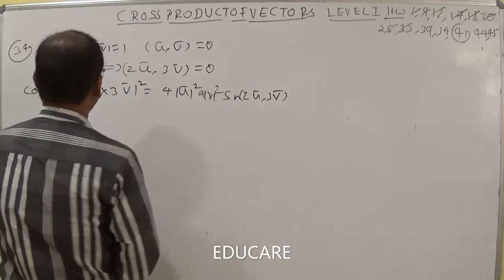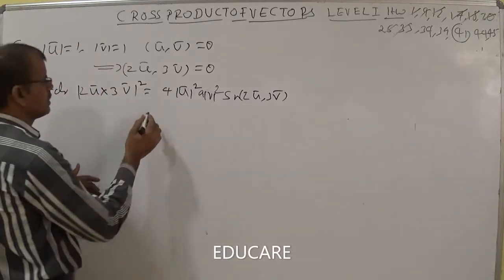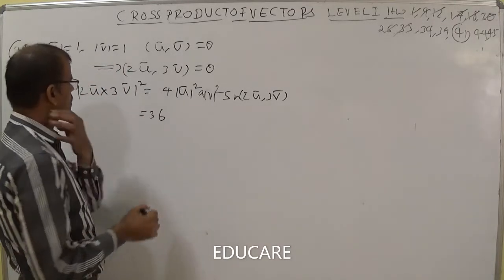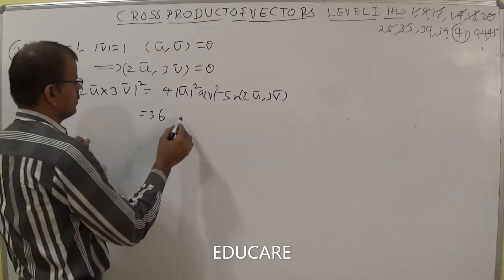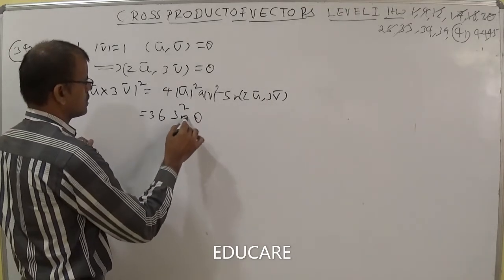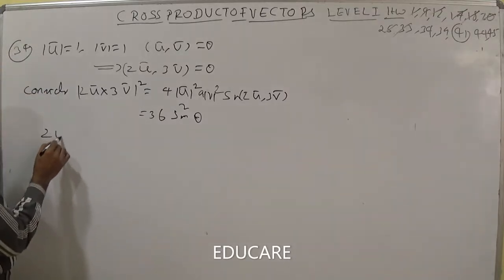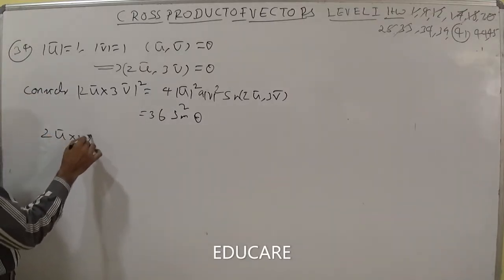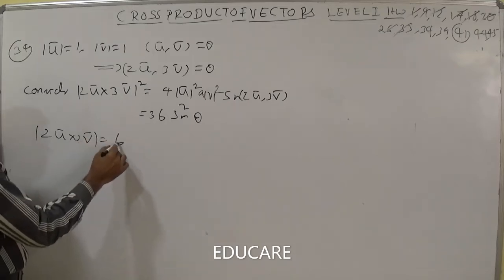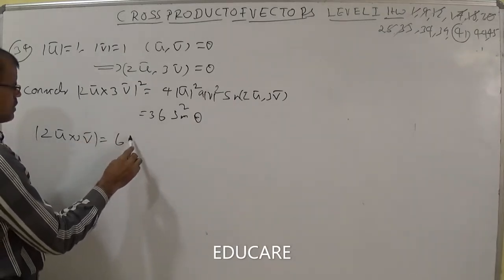Since they are unit vectors, mod u and mod v are 1, so you can write 36 into 1 into 1, that is 36 sine square theta. So 2u bar cross 3v bar is equal to 6 sin theta.